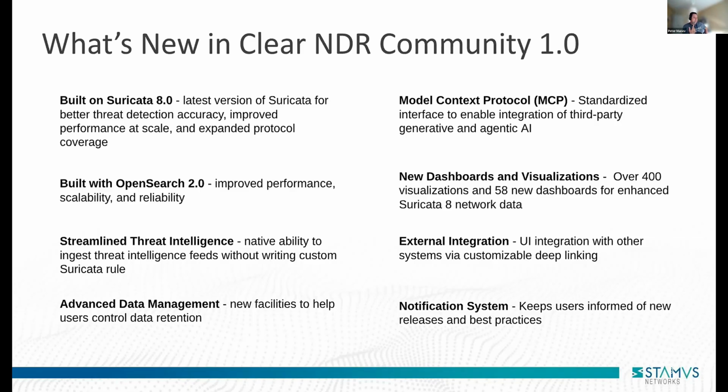I wouldn't say it's the most unexpected feature that you'll be able to see here, but actually one of the biggest that the team wanted to add is the Model Context Protocol, added for integration with third-party generative and agentic AI.